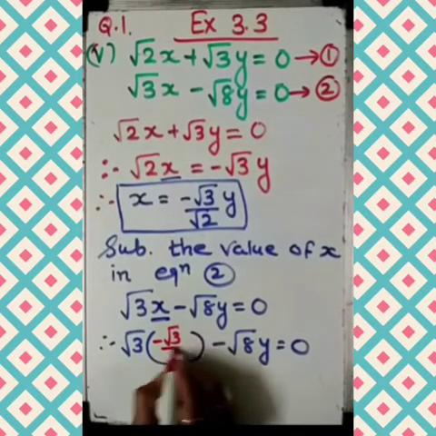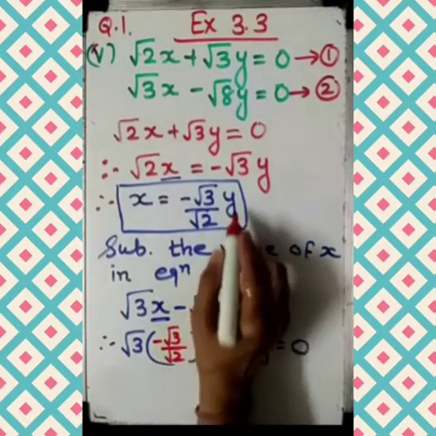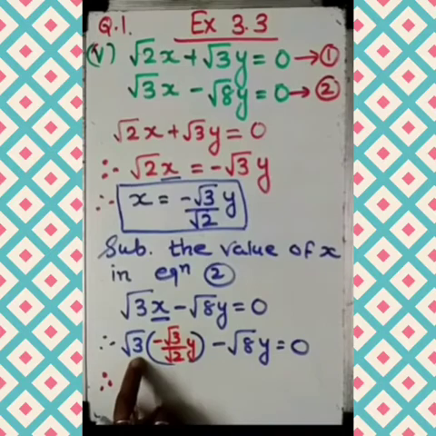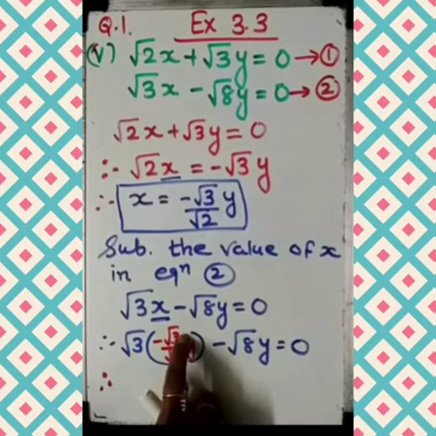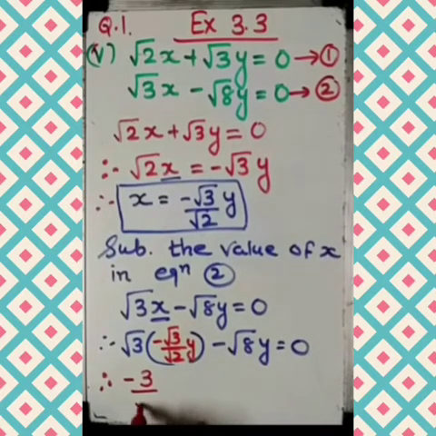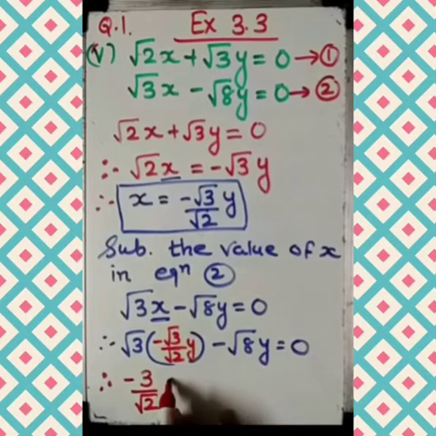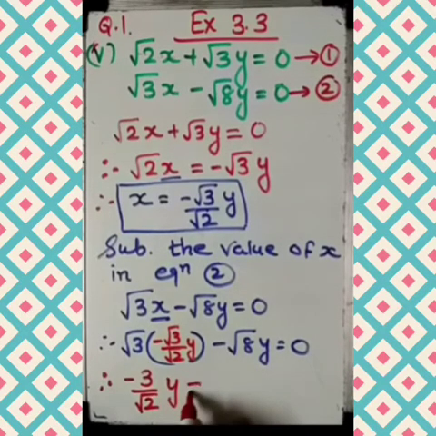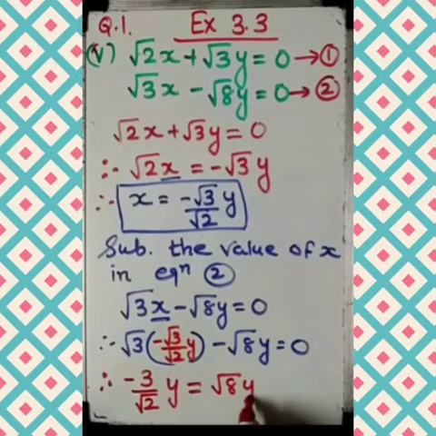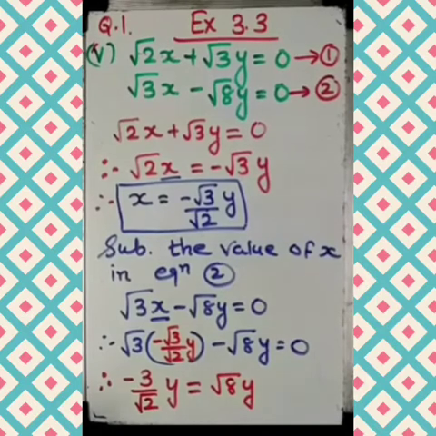Minus root 3 upon root 2 into y. Therefore, in the numerator, root 3 into root 3 will become 3, along with the minus sign. And here root 2 is already there, and y is also there. Now this minus root 8y I am shifting to that side. I hope up to here it is clear to you.